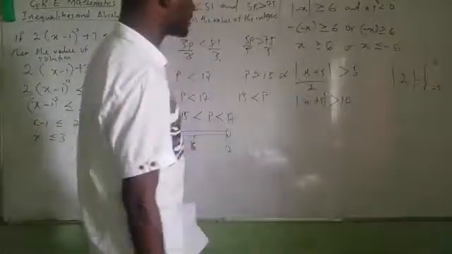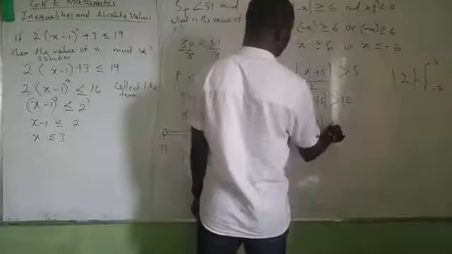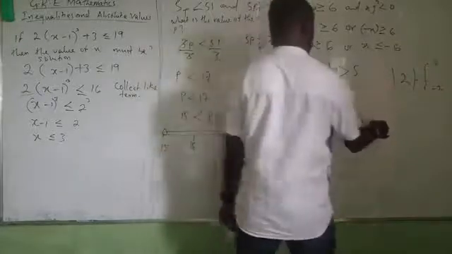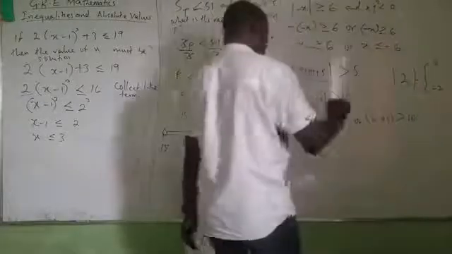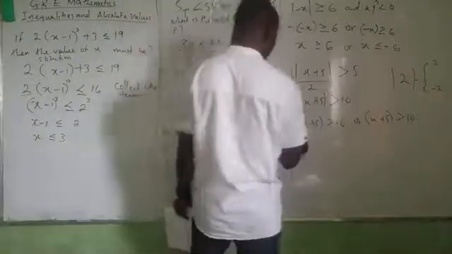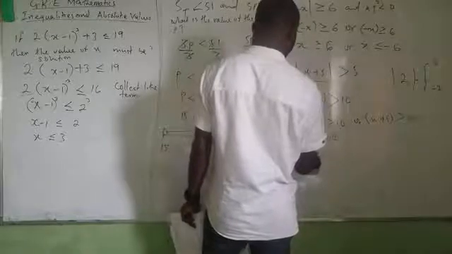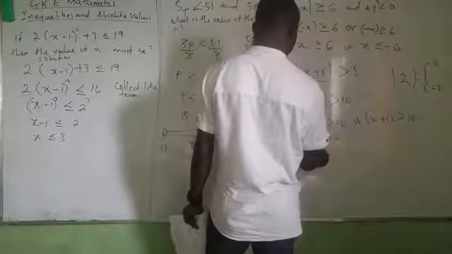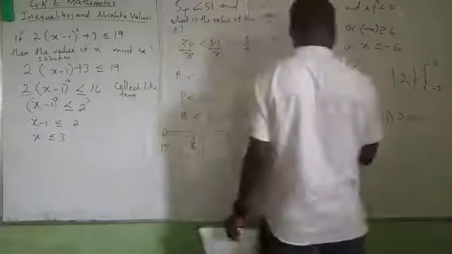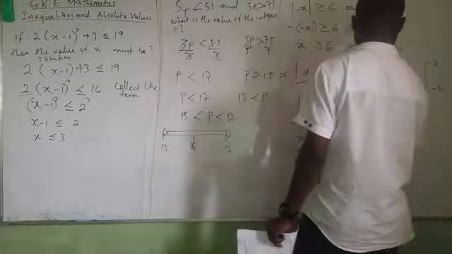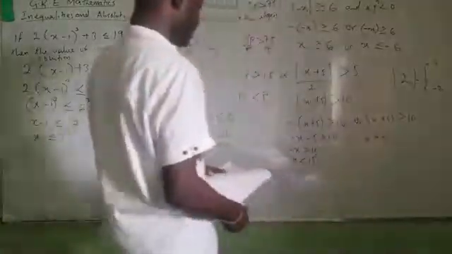When I have something like this, it means x + 5 greater than 10, or, for the negative, minus x minus 5 greater than 10, and minus x will be greater than 15, which is x will be less than minus 15, or x will be greater than 5.